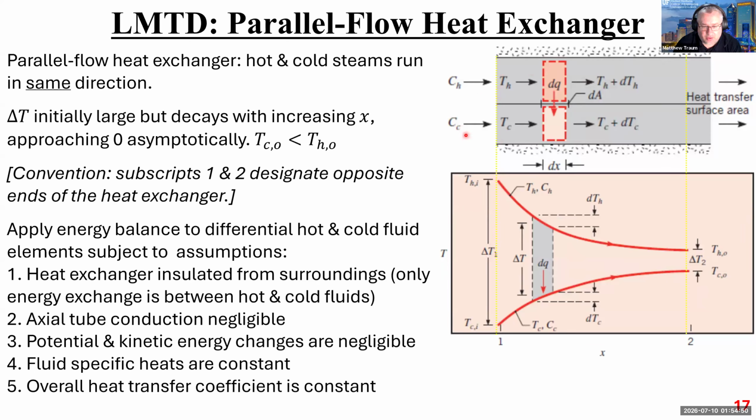Because the hot stream is hot, the cold stream is cold, and as they move together, their heat exchange process draws their temperatures together. Initially they're as far apart as they're going to be, and by the time they exit the heat exchanger, they're basically as close as they're going to be in temperature. So delta T is initially very large, but it decays with increasing X, ultimately approaching zero asymptotically.